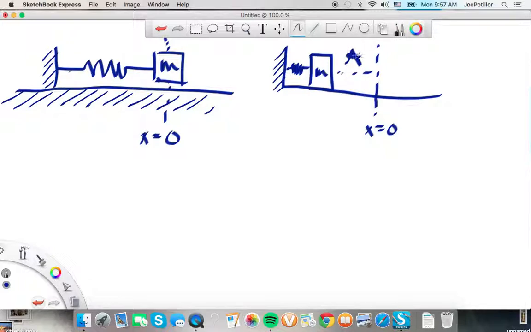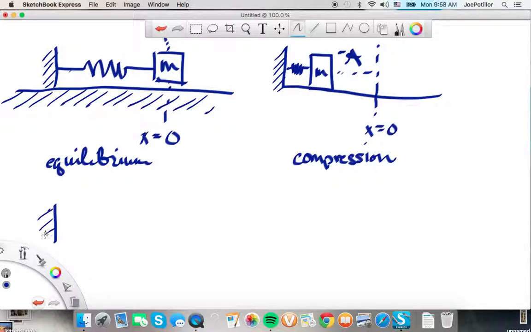That'll be called minus A. This is a situation where we compress the spring. This is its equilibrium. This is the compression of the spring.